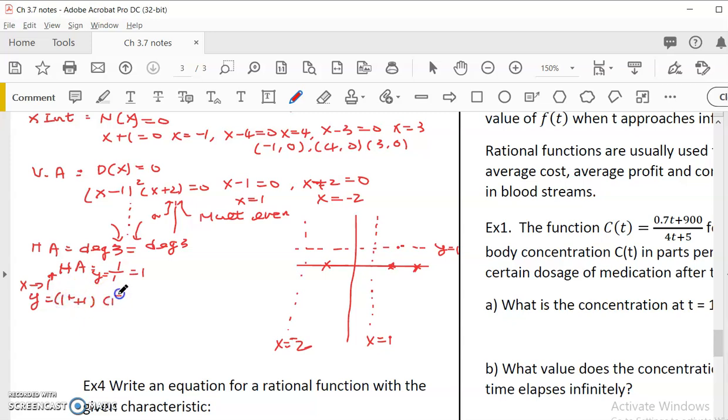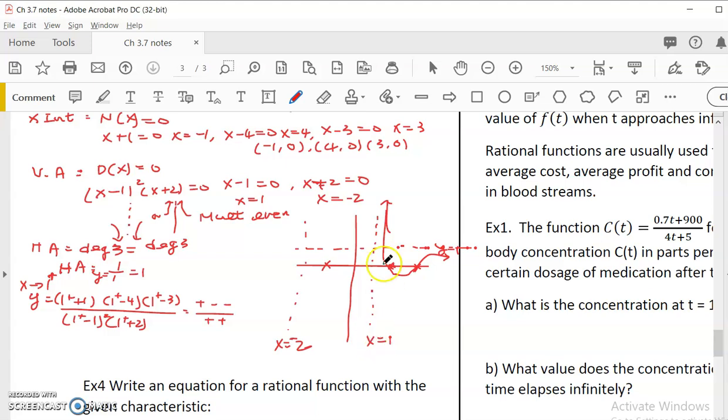Positive. 1 positive minus 4, 1 positive minus 3. So both of these are negative. And the denominator is 1 positive minus 1, which will still be positive, and 1 positive plus 2. So we would have positive, negative, negative, and also positive, positive. So the whole thing is positive. That means on this side, it should go up, come back down, and then go to the horizontal asymptote.